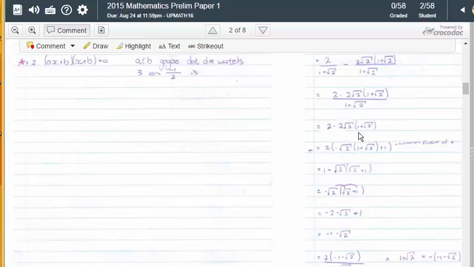Let's just go on from there, because then you lose it. All you had to do is multiply it out, and you would have seen that.